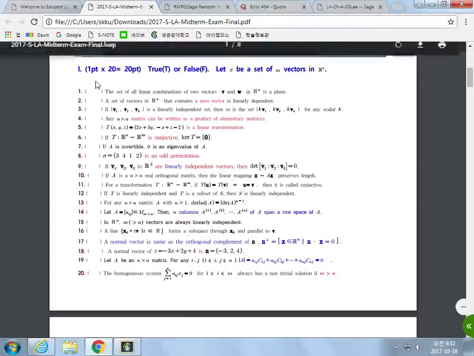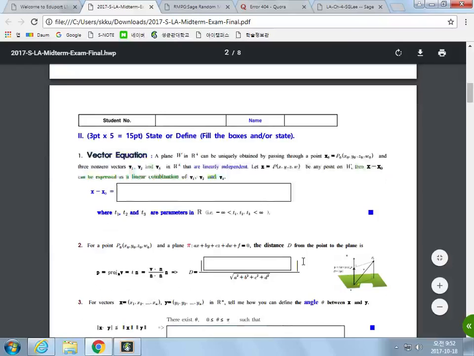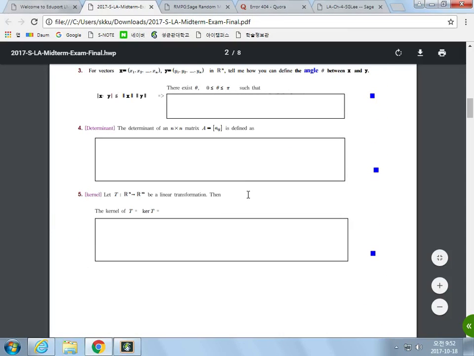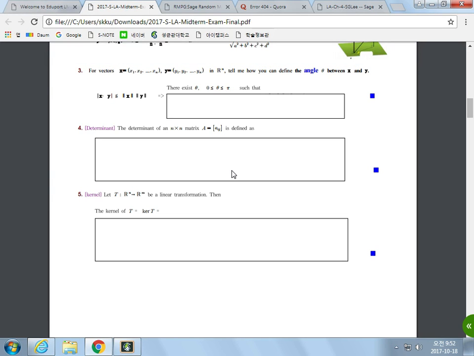And then we will have the true-false problems. You will have, and we will have some state-defined problem like this. If the problems are small, then you will have to fill out everything. If you have a large number of problems, then I will make small boxes so you can easily fill out.